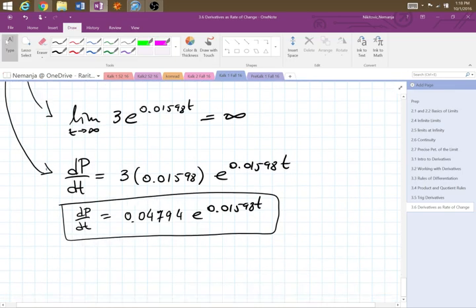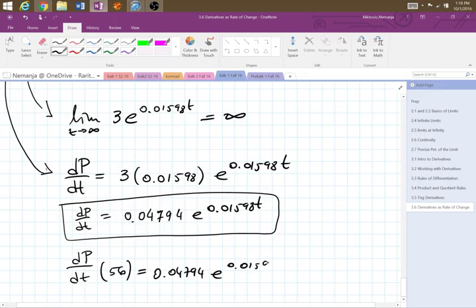Okay. So we plug in here. I just want to see how many people we add this year. So I'm computing this one at 56, which is 0.04794 e to the 0.01598 times 56.